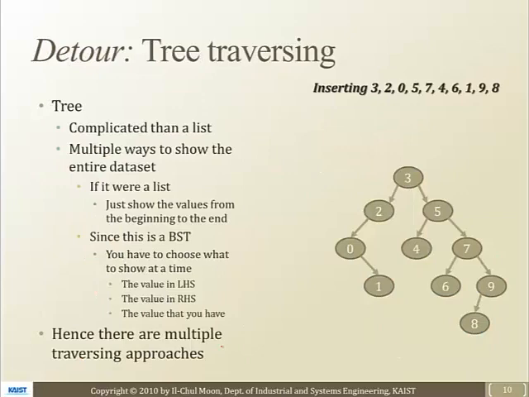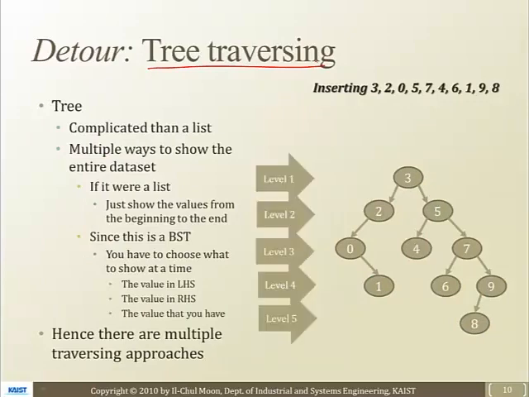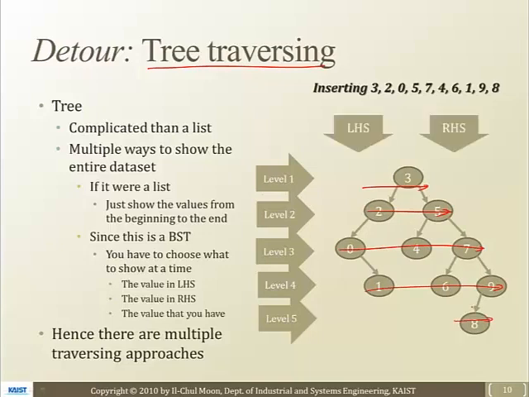Before we start, we are going to recall the tree traversing. Here we can do the level-wise tree traversing like this, or what you can do, on the right-hand side, is the depth first search.